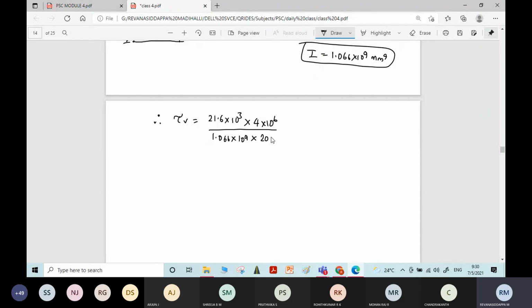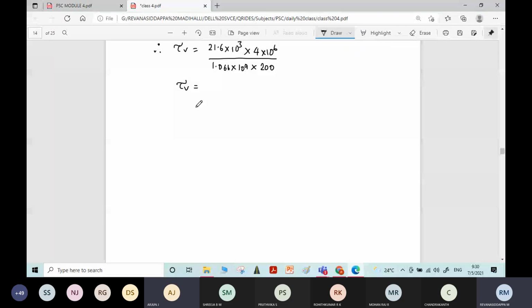Therefore, the shear stress is equal to how much? 0.405 Newton per mm square.